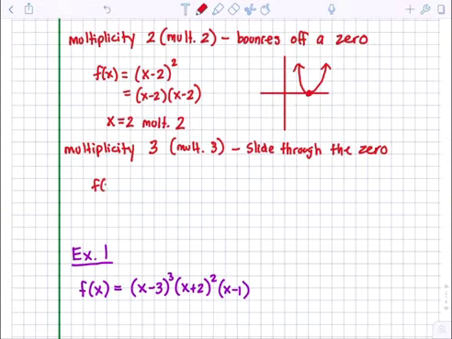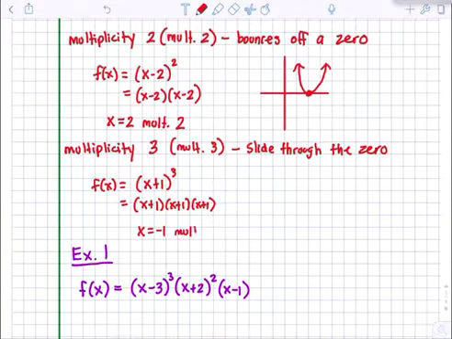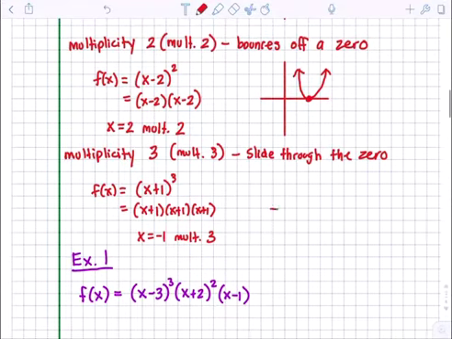So if you had f of x is equal to x plus 1 to the third, remember this is really saying x plus 1 times x plus 1 times x plus 1. And if you were to find a 0 in that, you would know x is equal to -1, and there are 3 of them. There are 3 zeros located at x is equal to -1. And then again, on a graph, this is what it would look like.